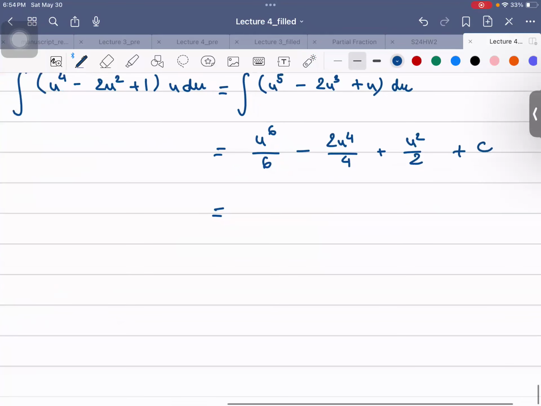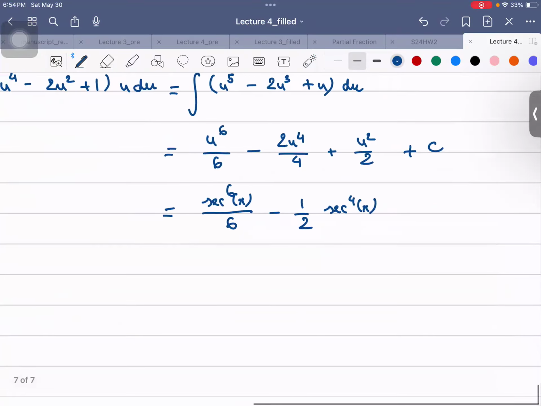I have secant of x to the power of 6 over 6, minus 1/2 secant to the power of 4 of x, plus secant squared of x divided by 2, plus c.